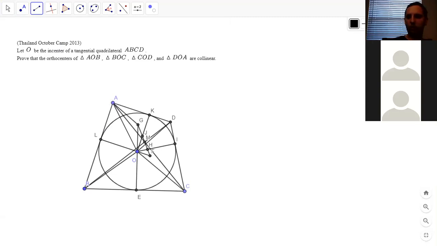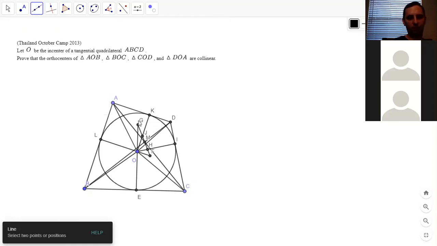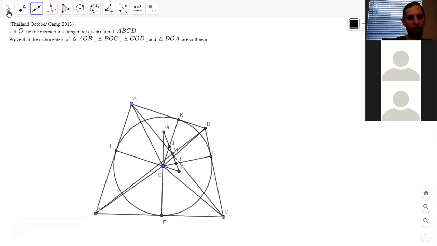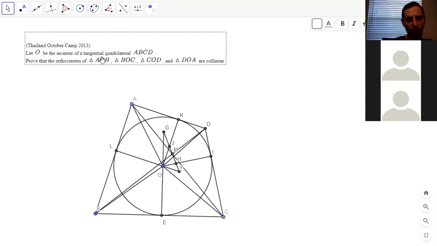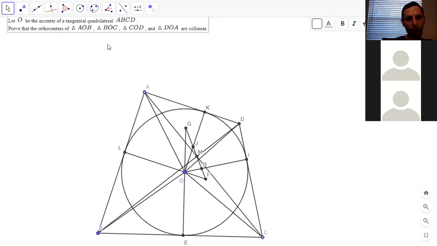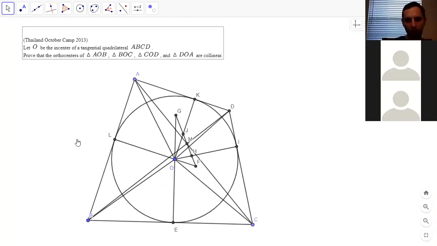Oops. Oh, no. Can you make the diagram bigger? Yeah. Sorry.